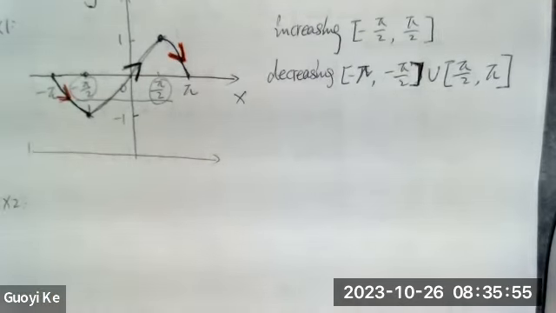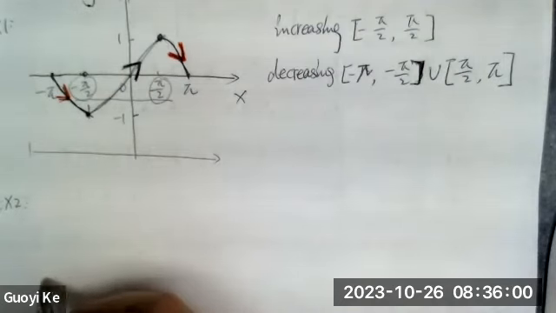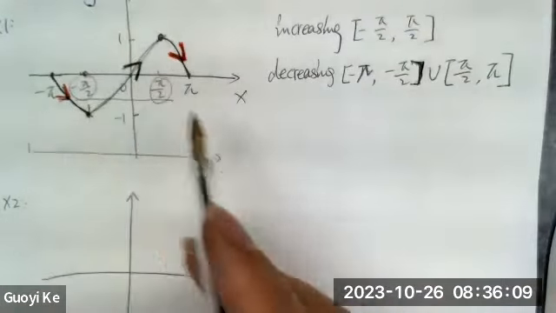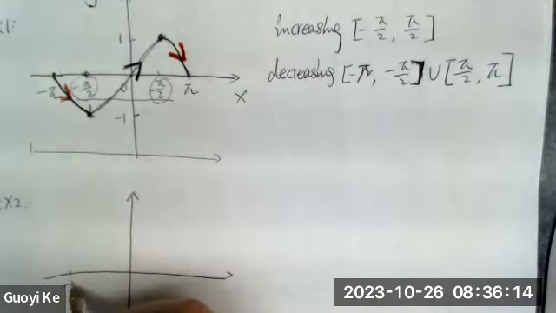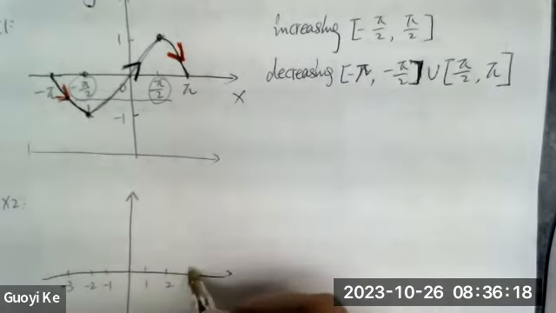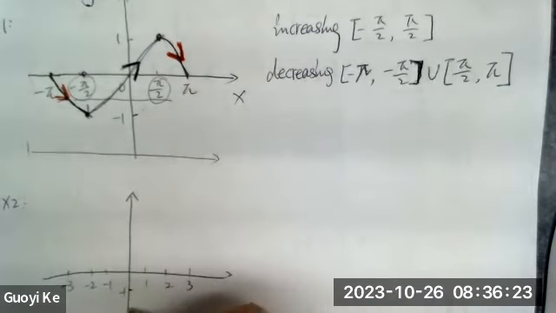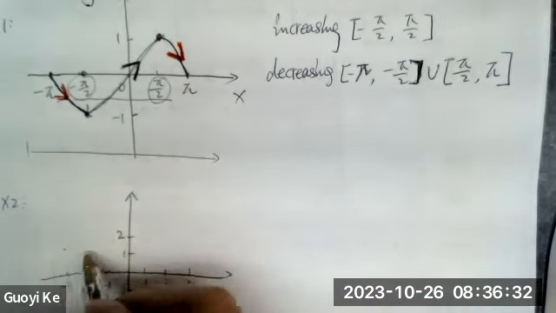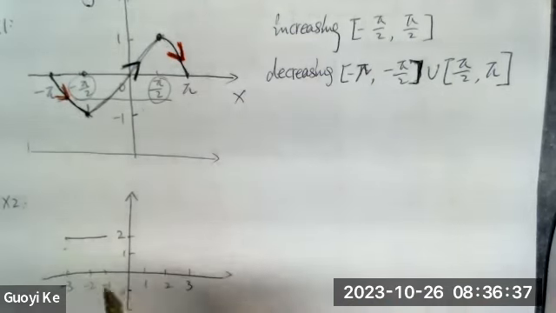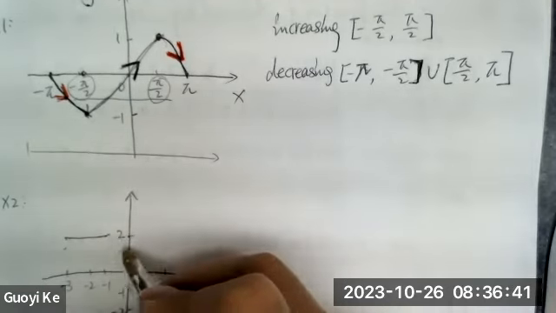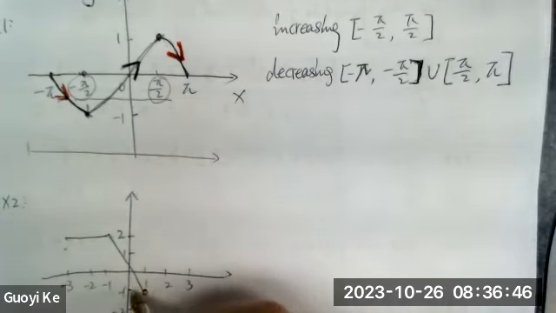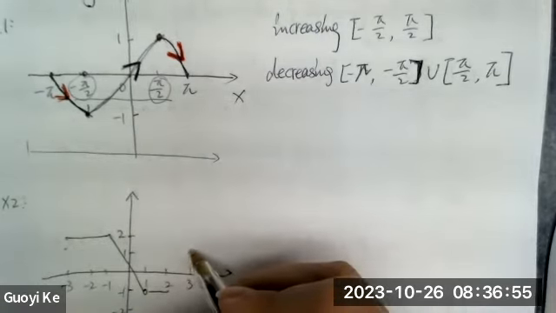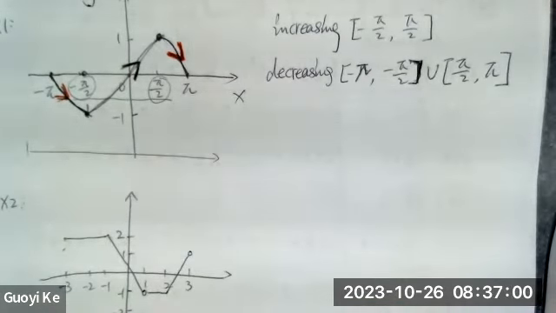Example 2. Here there's no constant, we couldn't find the constant. Okay, let me do it again, so it will be much clearer.